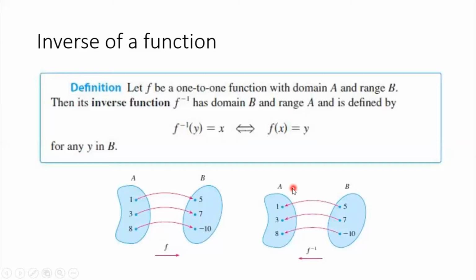However, in the inverse function, notice that the input values, the domain of the inverse function, are actually the range of the given function, and the range of the inverse function is the domain of the given function.